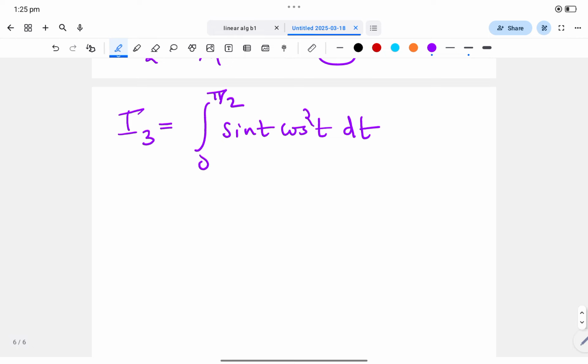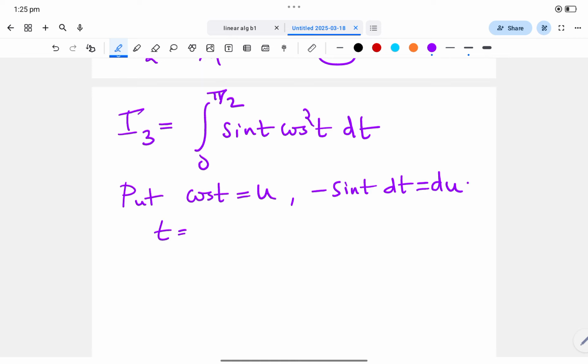Again we have to do this by substitution. Put cos t is equal to u, then we will be getting minus sin t dt is equal to du. When t is equal to 0, u is equal to cos 0, that is 1, and when t is equal to pi by 2, u will be cos pi by 2, that is equal to 0.